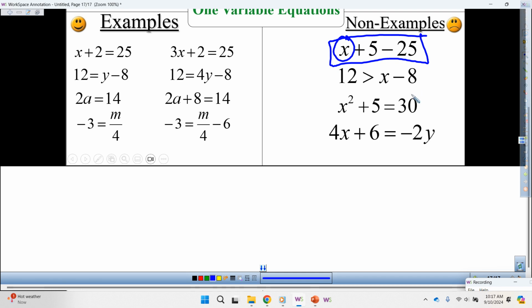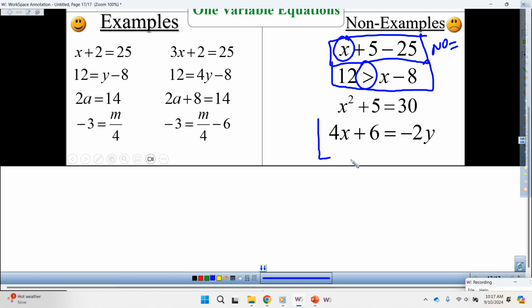Aleshka. No equal sign. That is correct. No equal sign. So if it doesn't have an equal sign, this is also known as an expression only. That is correct. Now, obviously, this one doesn't have an equal sign. It has a what? An inequality symbol. That's why this one's known as a one variable inequality.